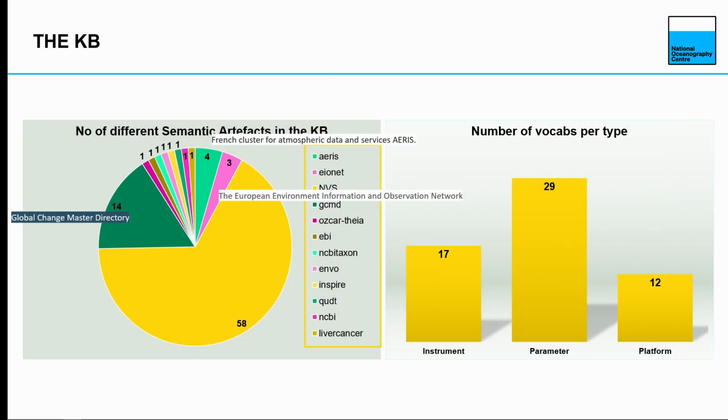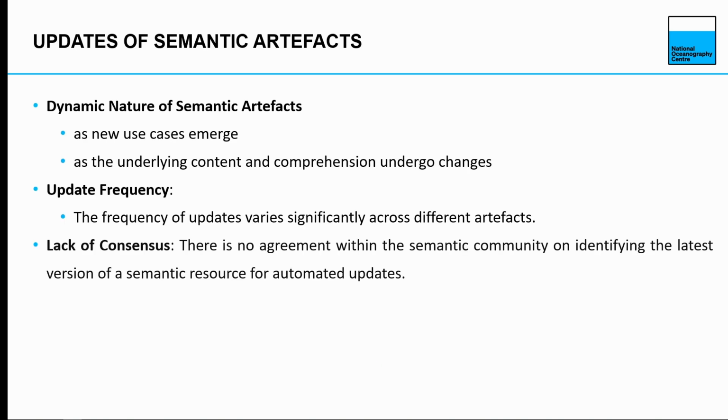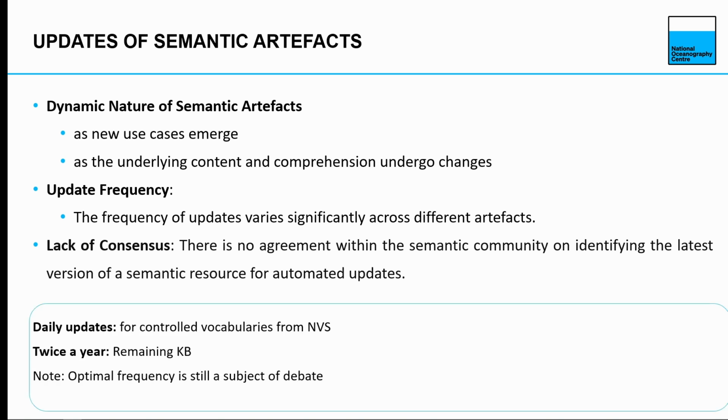And we also assign a type to each vocabulary, not only one but possibly more, so every vocabulary can be of type instrument, parameter, platform, or more of them. Semantic artifacts also needed to be updated in our knowledge base because they are dynamic in nature, they are alive, more of them are created as new use cases emerge, and we had to find the frequency of updates.